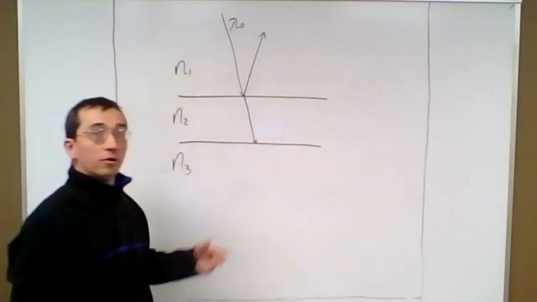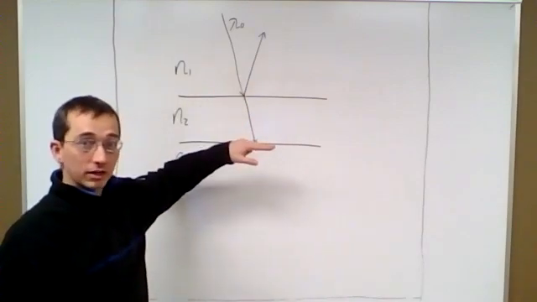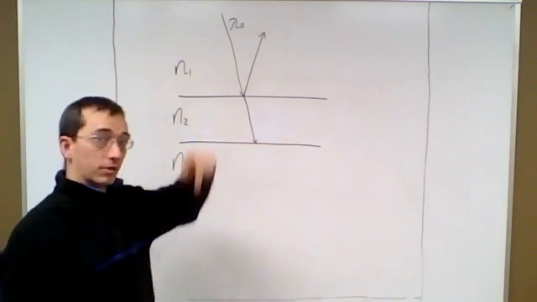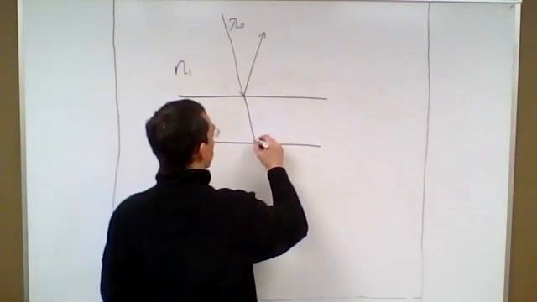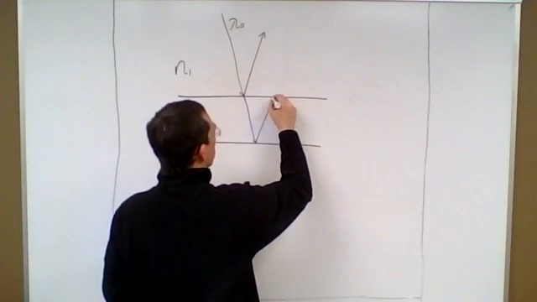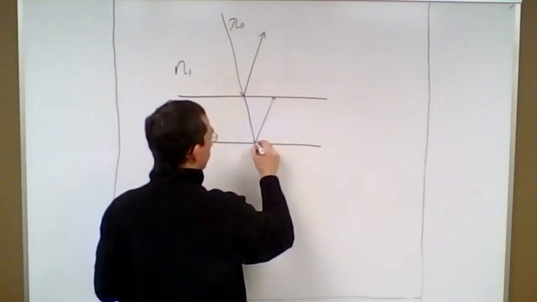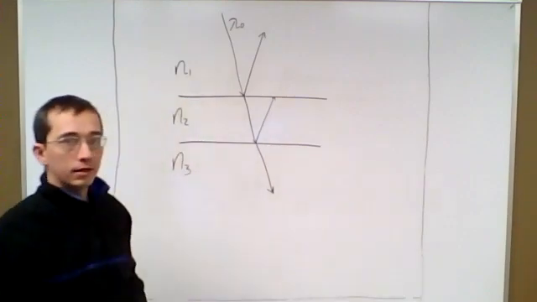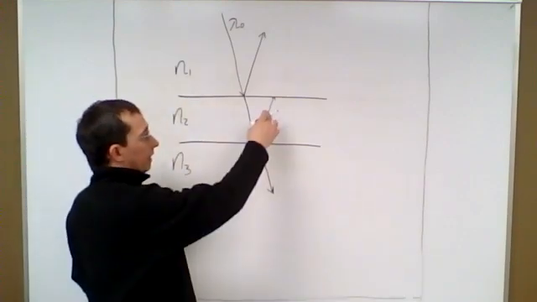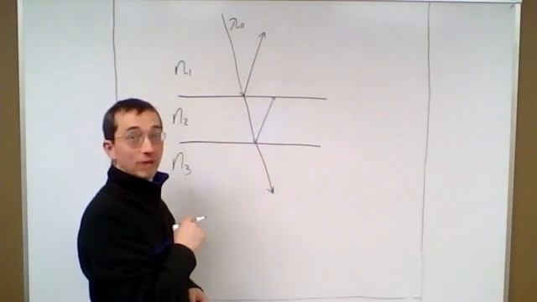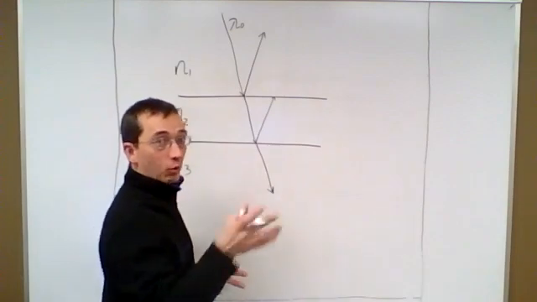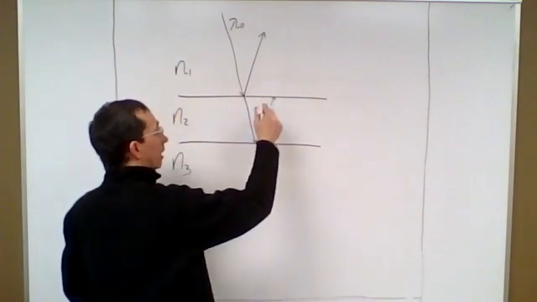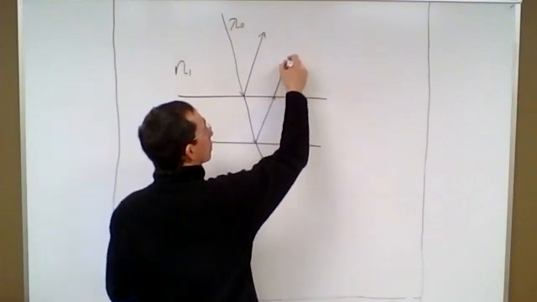But then that light hits the next interface, and some of the light reflects, and some of the light goes through. Now this ray, some of the light reflects, which we won't worry about, but some of that light goes through.